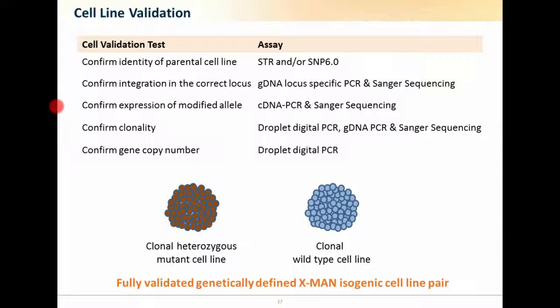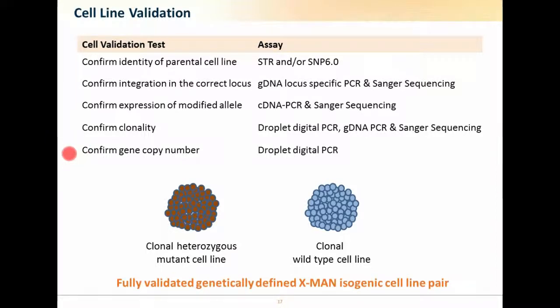And this is where we took a big leap forward last January, in January 2012, where we brought in our digital PCR platform and now use it routinely to confirm the clonality of our cell lines, as well as confirming the gene copy number.